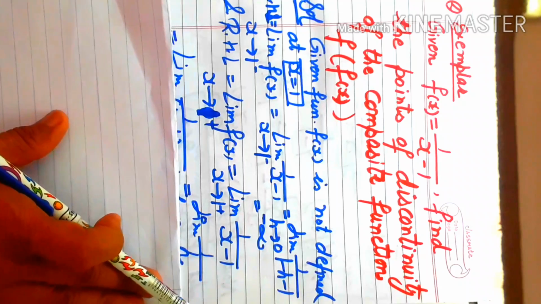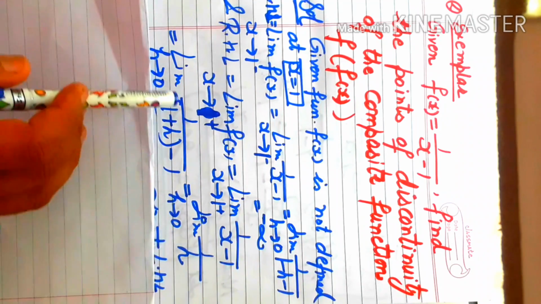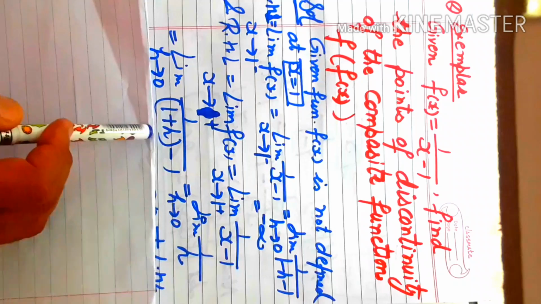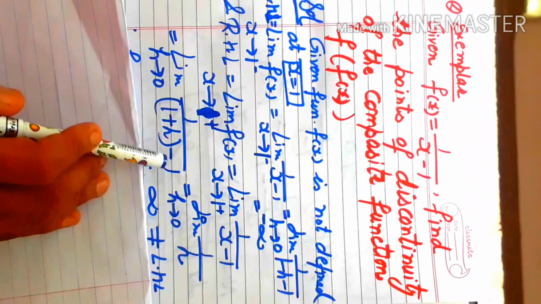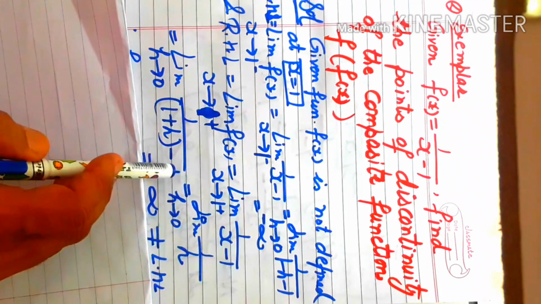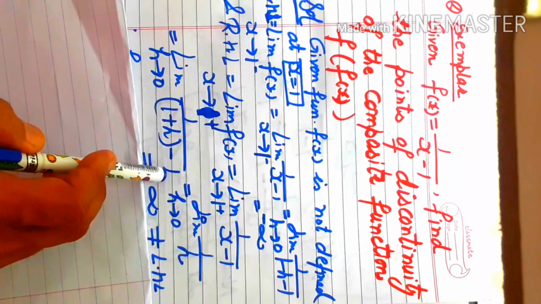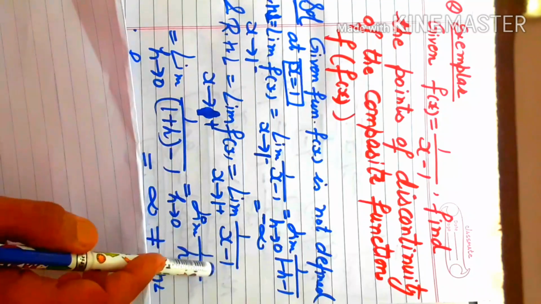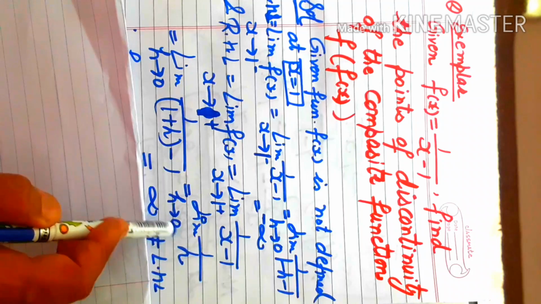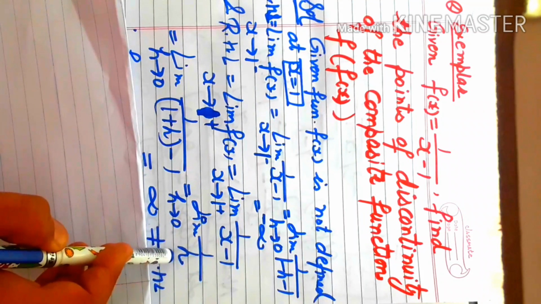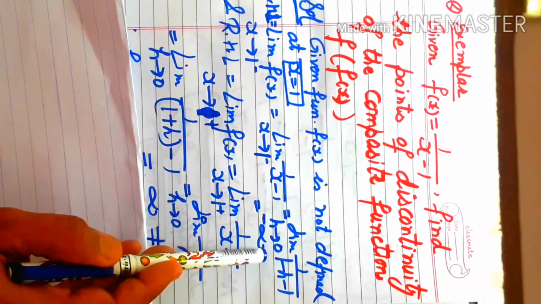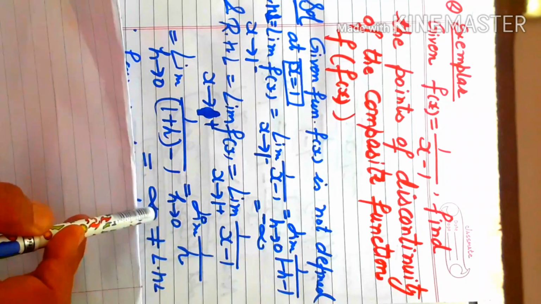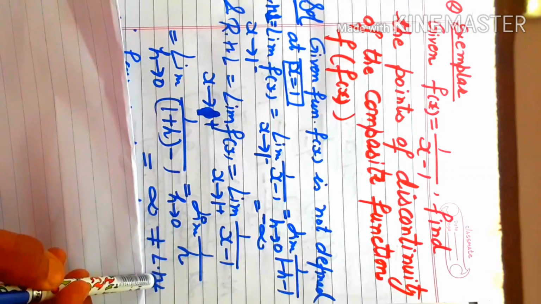So it is the limit of 1 upon 1 plus h minus 1 as h goes to 0. 1 will get cancelled with 1 and we get 1 by h, h goes to 0, it is nothing but infinity. So here left hand limit is minus infinity, right hand limit is infinity. So it means right hand limit is not equal to left hand limit. It means f(x) is not continuous at 1.